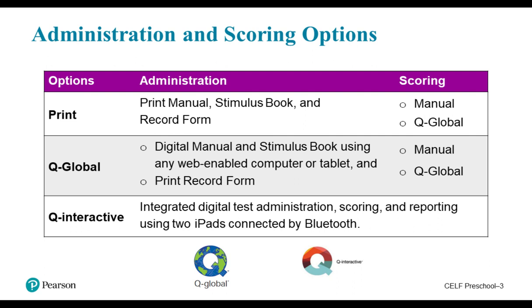For the Q Global option, you'd be using the digital manual and the digital stimulus book, and you would need a web-enabled computer or tablet, and in conjunction, you would use the print record form. For scoring, again, your options are either using the lookup tables in the manual or using Q Global.